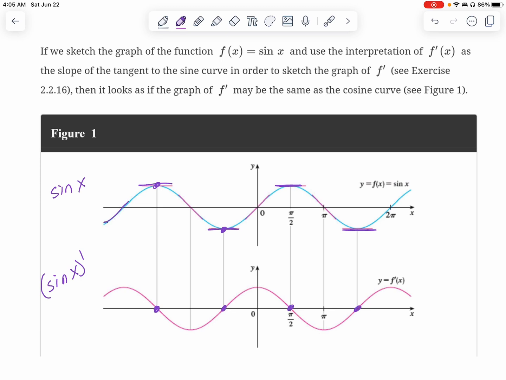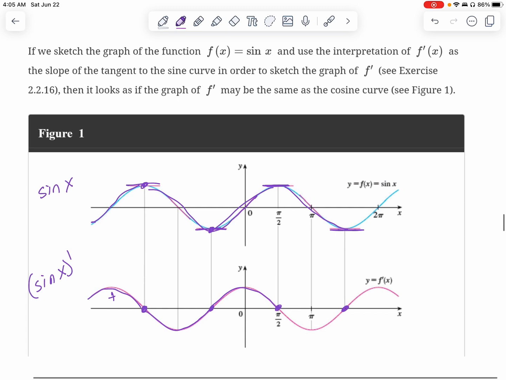And then from here to here, I'm increasing, so that's positive. So it's above the x-axis. And then I'm decreasing, so it goes below the x-axis. And then from here to here, I'm increasing, that goes above. So you can see how the graph of sine of x and its derivative correspond. And once you've graphed that, you can see, hey, this is actually the cosine function. It's starting here, and it actually is our cosine function.